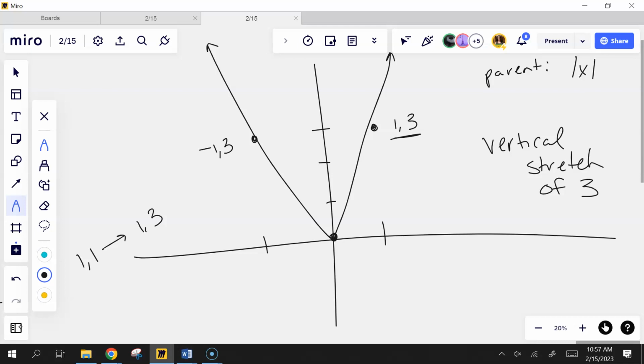Write an equation of an absolute value with a vertical stretch of 3.